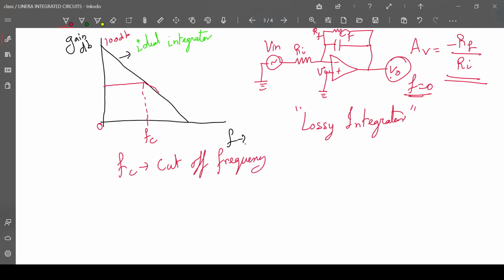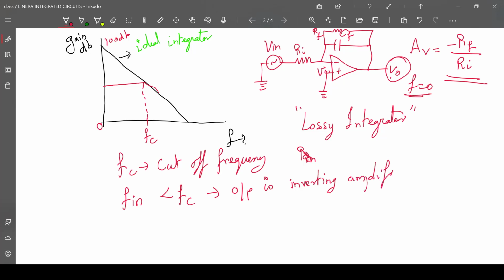Okay, so when the input frequency F in is less than the cutoff frequency, then the circuit will act as an inverting amplifier. It's a very important thing.